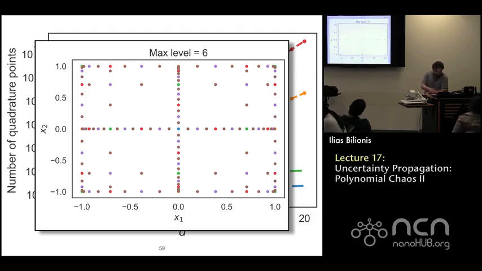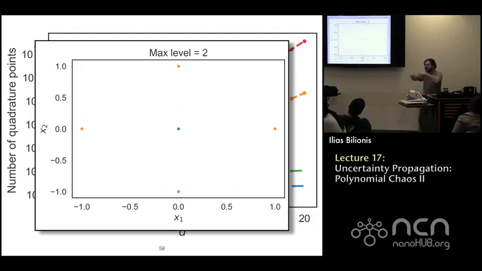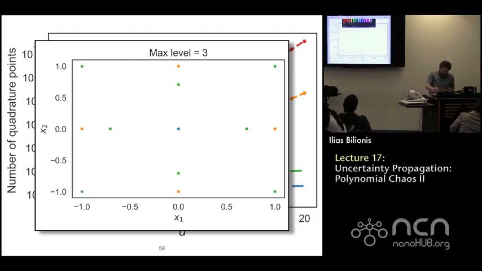But let me just make this point. The levels are just used to basically count the number of nodes, okay? This is pretty much it. So if you go to level 3, max sparse grid, you still have in there the level 1 nodes.